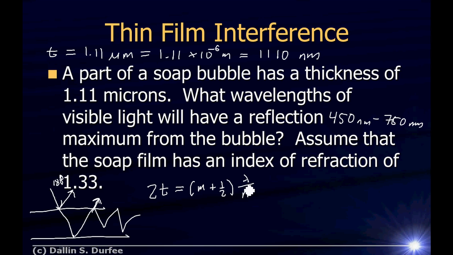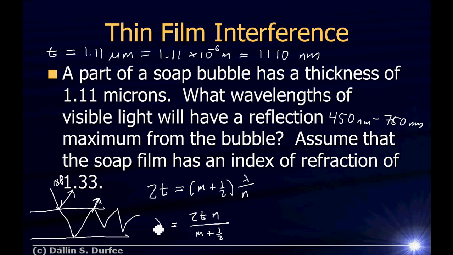Now the wavelength we're looking for, when I ask for a wavelength, I usually mean, unless I say something specifically, I mean the wavelength in vacuum. So lambda is going to be the wavelength in vacuum, but how much of a phase shift you get by traveling this distance depends on the wavelength in the medium, so we have to divide that by n in our equation. If I solve this for wavelength, I'm going to find then that the wavelength is 2t times the index of refraction divided by m plus 1/2.